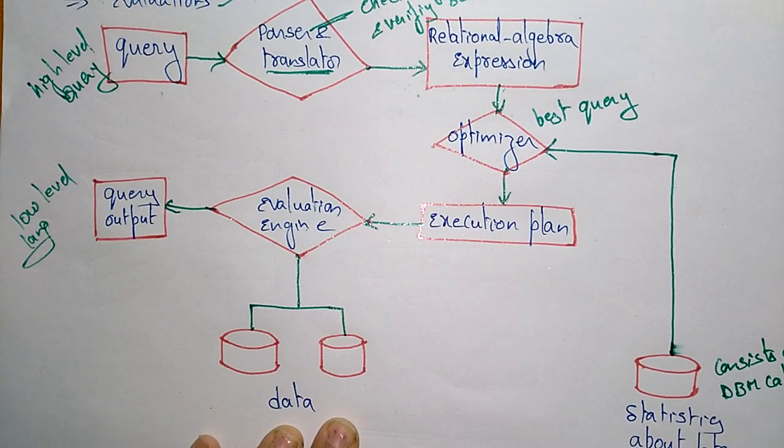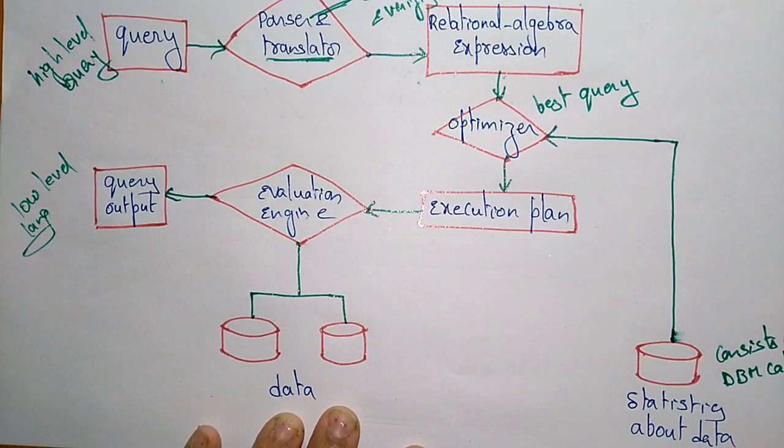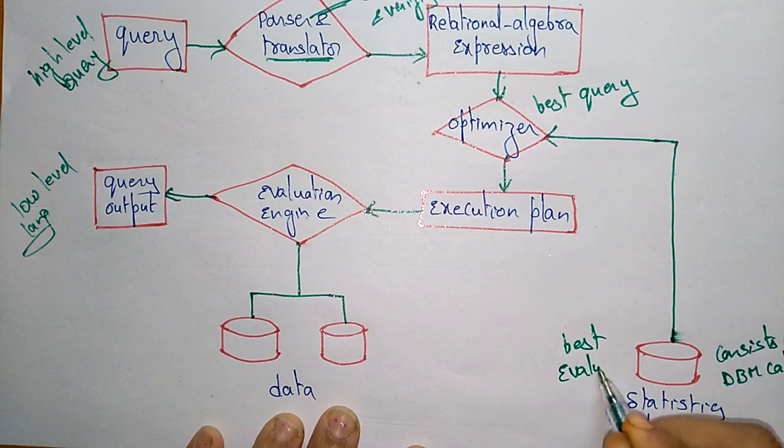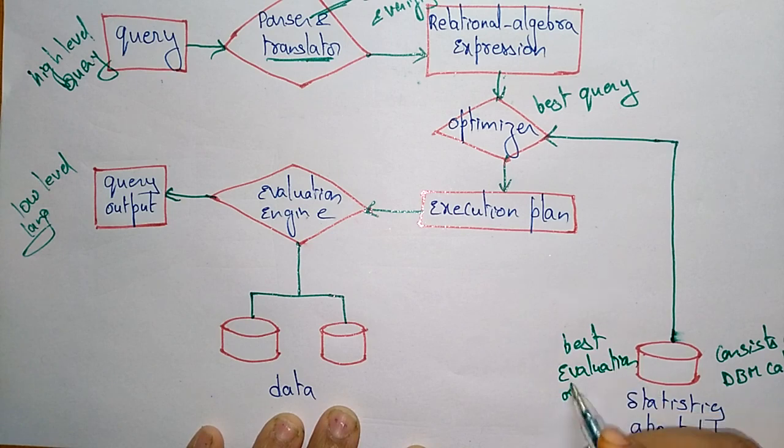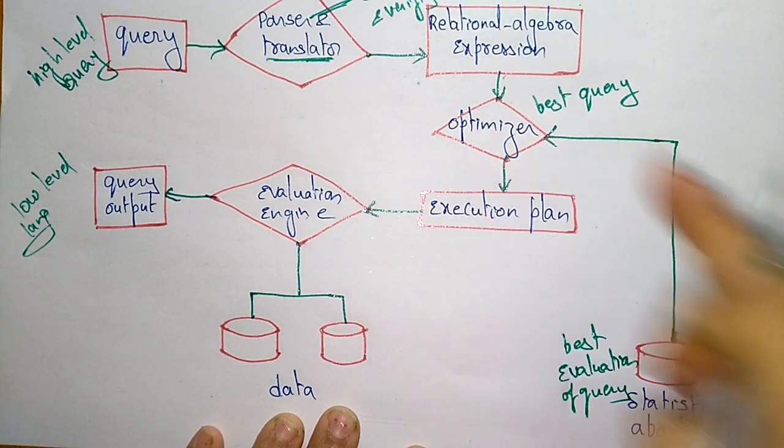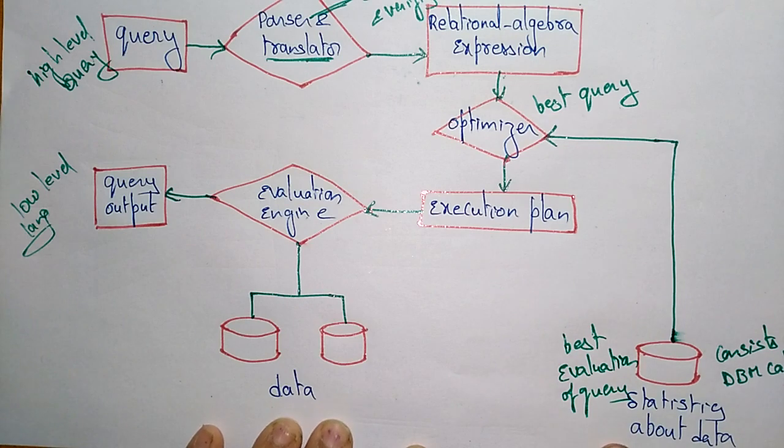The statistics about data are metadata, data about data. It is used for the best evaluation of the query. So it helps the optimizer in the best evaluation of the query.